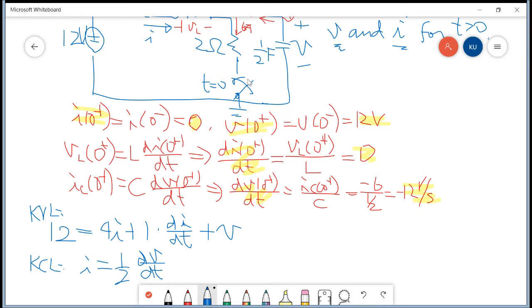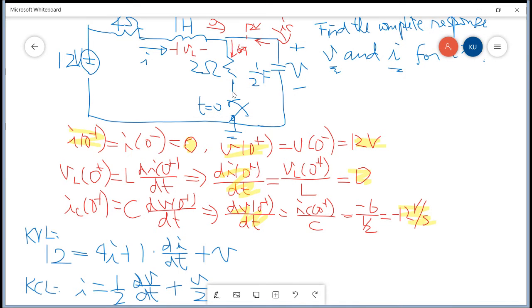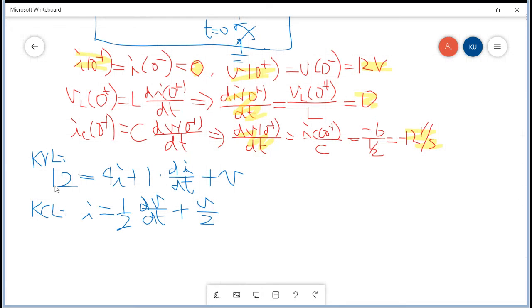And this current would be V over 2. V is the voltage here, and this is 2 ohm. So V over 2. So actually we have two equations. Let us try to simplify them a bit.